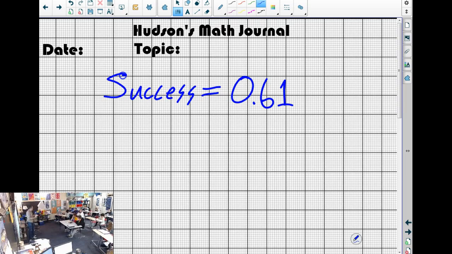Now, obviously, we can't be perfect, but this is exactly that distance equals rate times time formula. The amount of free throws he will make is 61% times what would go here. The distance is how many he's going to make. Our rate is 61%.